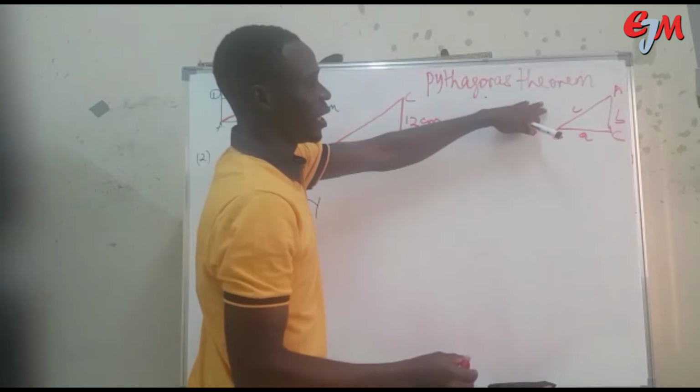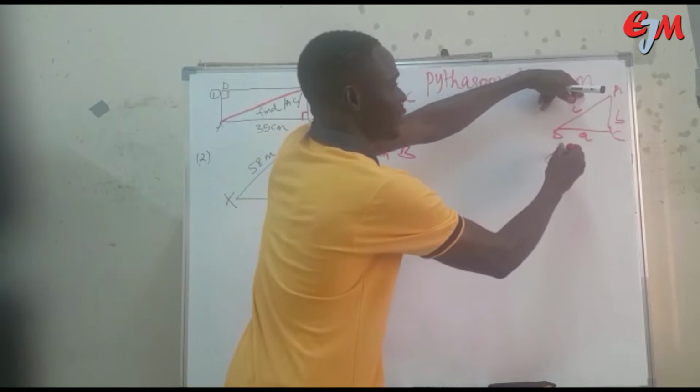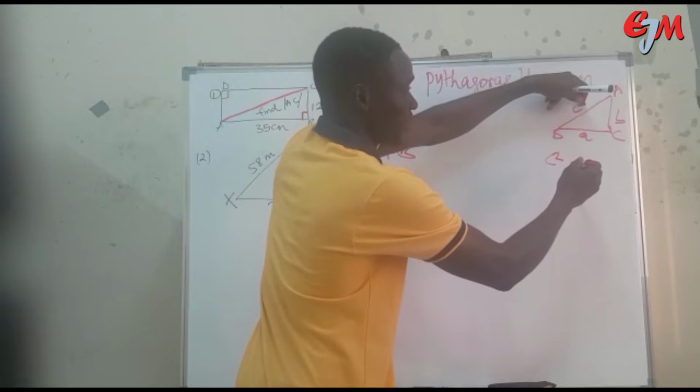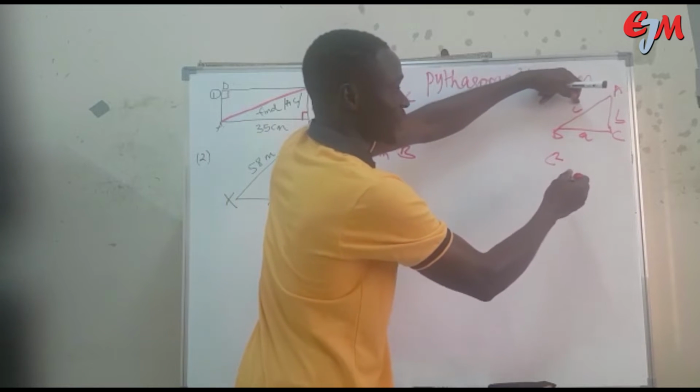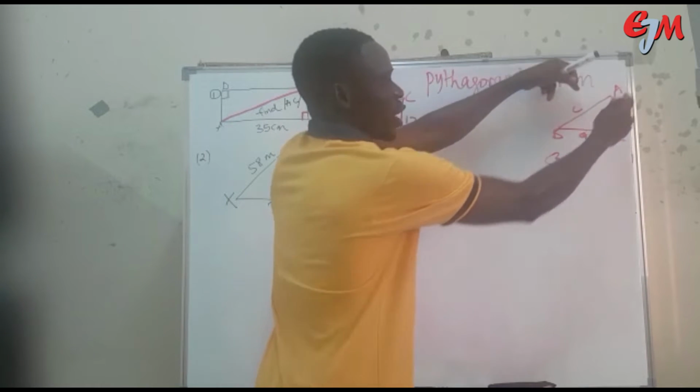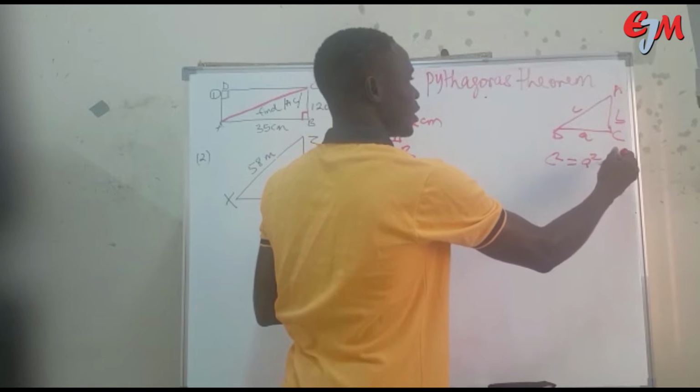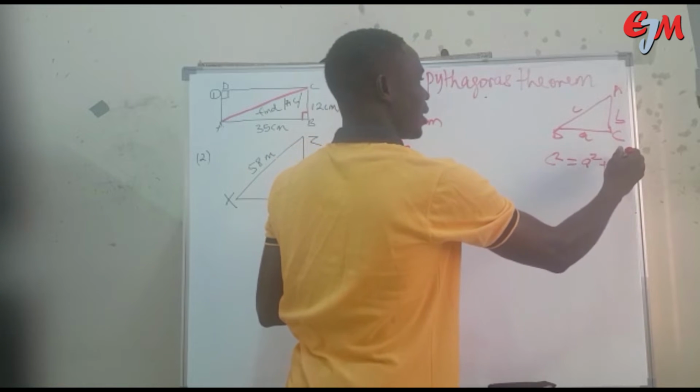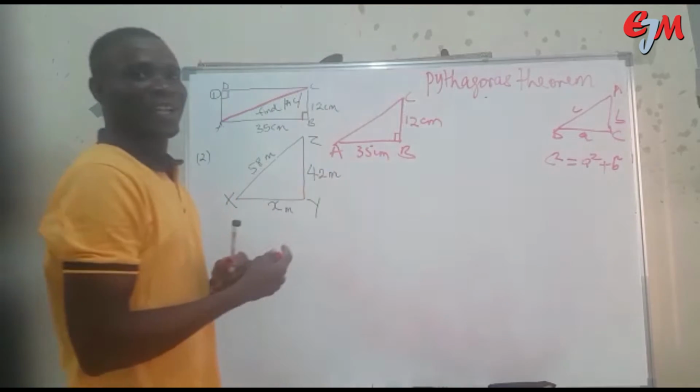From the law, we established that the longest side being c, the square of this c will give us the sum of the squares of the two other sides, a squared plus b squared. Can you now see?